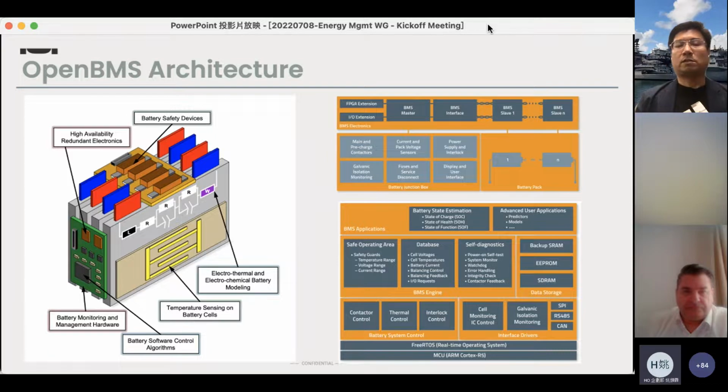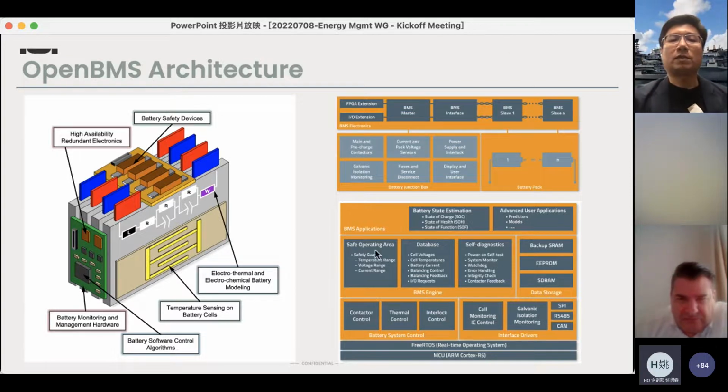They structuralize and organize the BMS software into different layers. They have safety operating areas, doing the safety controls, and also a self-diagnostic layer, so that it can do power safety checks.